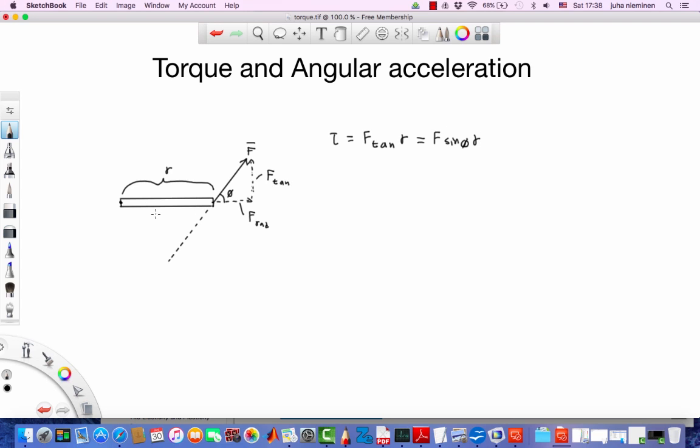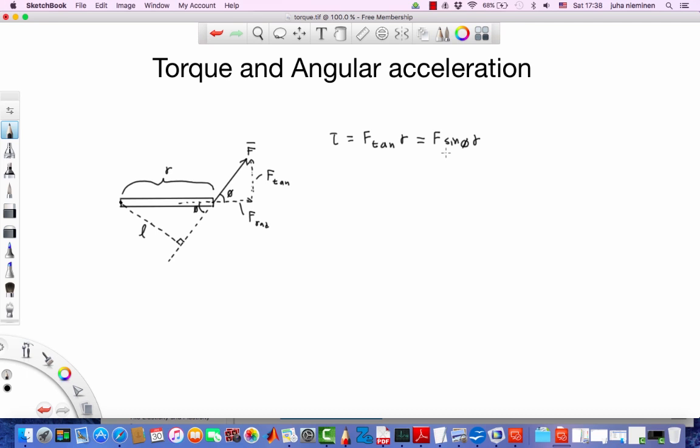Another way to think about this is to see how far the so-called line of action is from the pivot point. The shortest distance is the perpendicular one. If here is angle phi, we also have the angle phi here. Let's call this L. This is in fact called the lever arm length of this force.